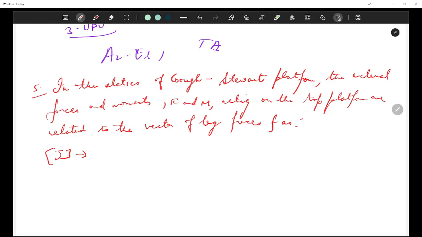J and H are the two matrices. J is the Jacobian and H is the force transformation matrix.